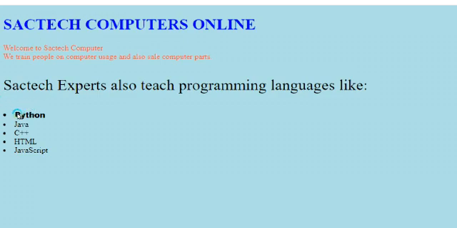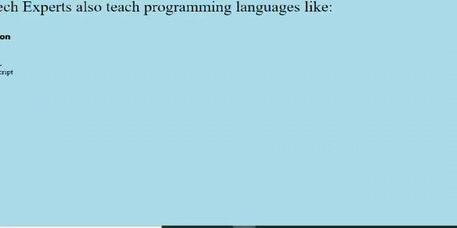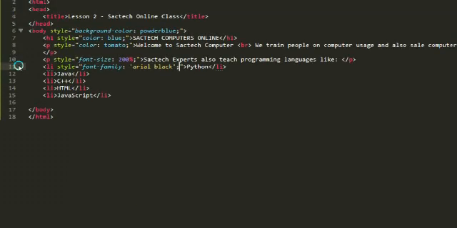All right, now I want to change this Java to something like Verdana. So the same thing I will just do, copy the one here, Ctrl C, then click here, space it out, Ctrl V, then I can change this to Arial.